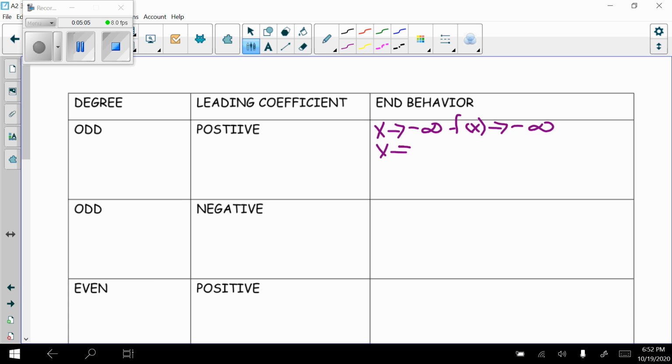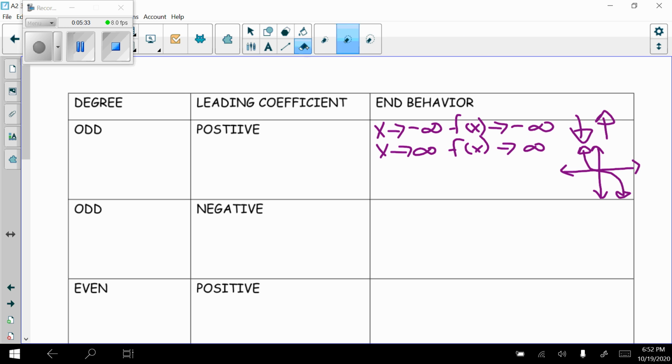As x approaches positive infinity, f of x approaches infinity, which is just a fancy way of saying that it goes down and then up. An example of this might be something that looks like this. So from left to right is how we read a graph. Oh, I just drew that backwards. Sorry.